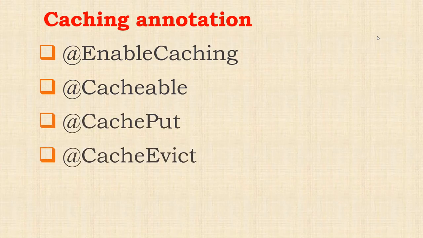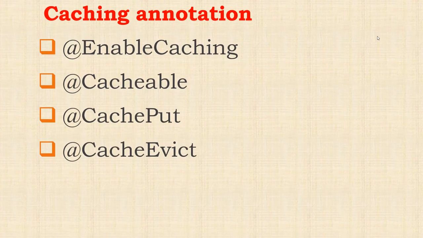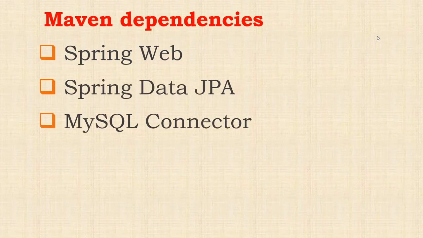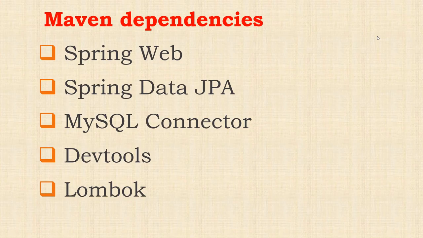So we are going to use all four annotations inside our POC for caching. And the Maven dependencies we are going to use are Spring Web, Spring Data JPA, MySQL connector, DevTools and Lombok. We'll create one Spring Boot project.